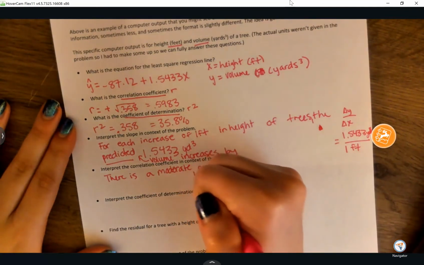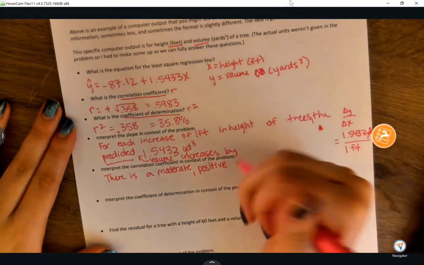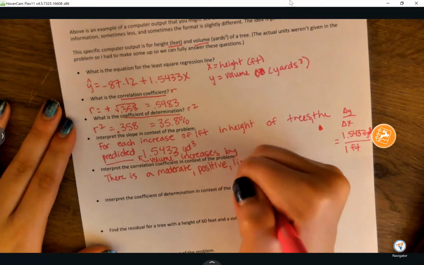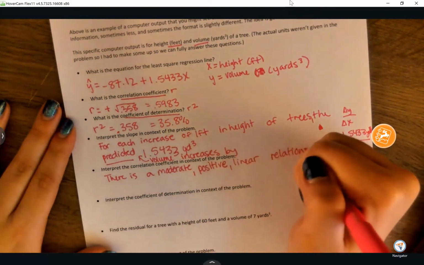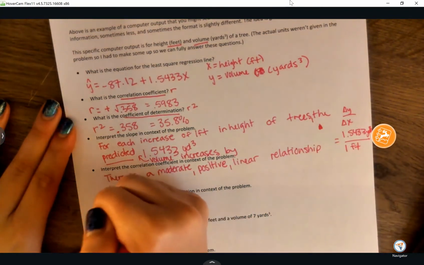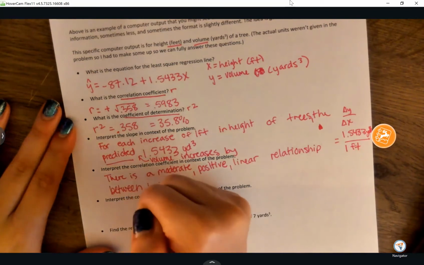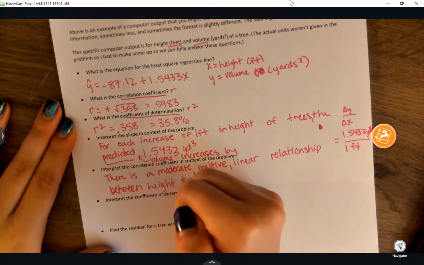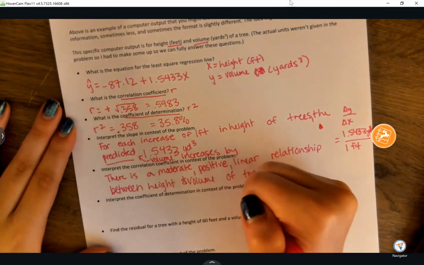Positive, because the slope was positive. Linear relationship between height and volume of trees.